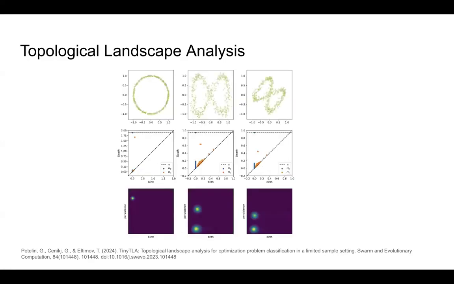And this is what you get when you take an input point cloud and you describe it. This is called a persistence diagram. So it describes when each of these points or structures is born and when it dies. Essentially, the topological landscape analysis features are meant to capture poles in this point cloud.